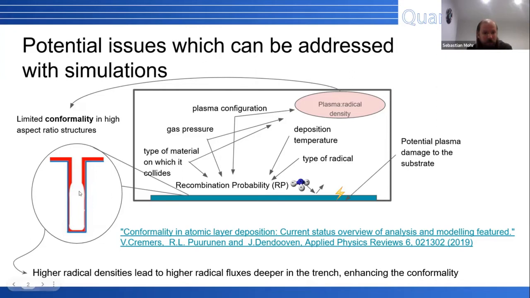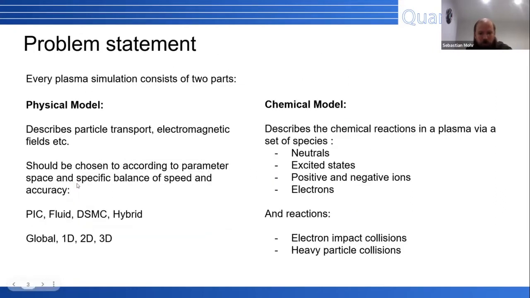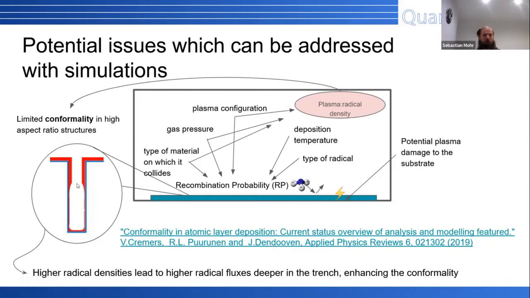And of course, what you want to achieve in the end is to find the process parameters, like power, pressure, or gas flows, with which you can quickly etch profiles which also have the shape you want.